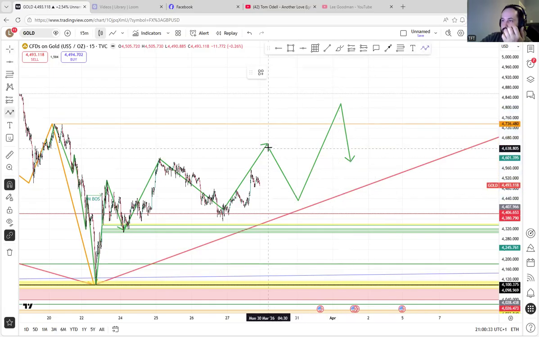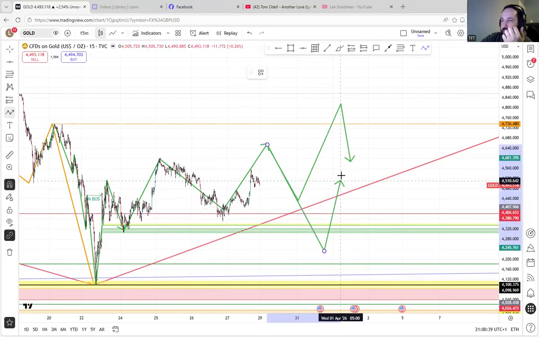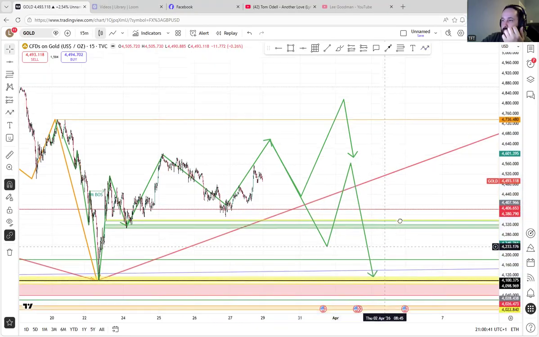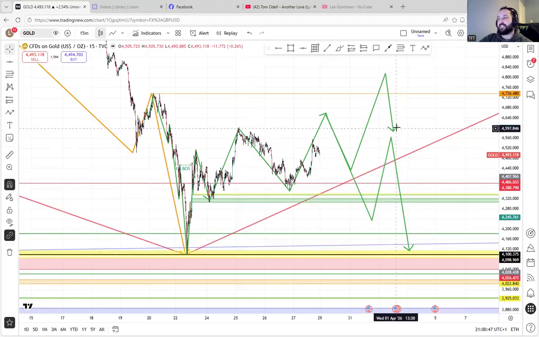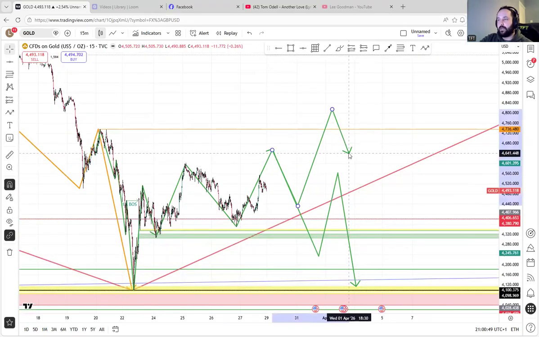Obviously, if not, it'll just come down. It'll take this current low here, and then it'll just go lower. So they're the two options for gold at the minute. Obviously, all that is pure speculation.